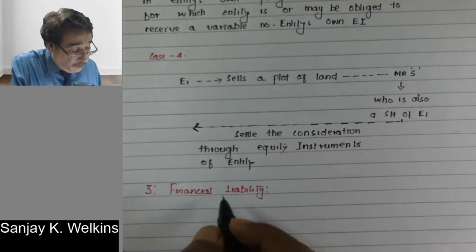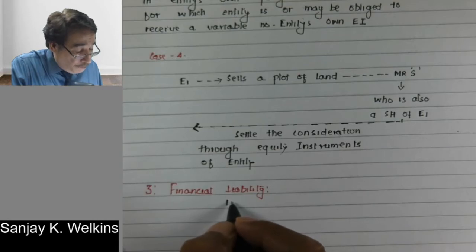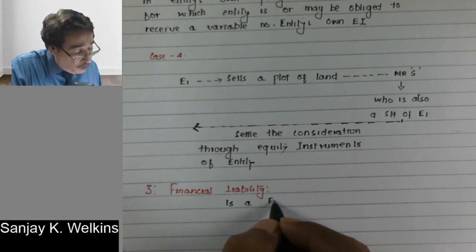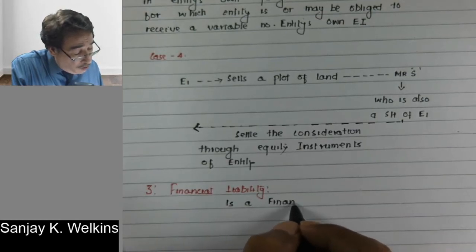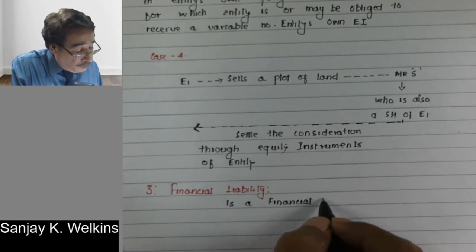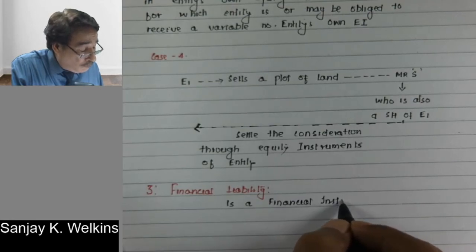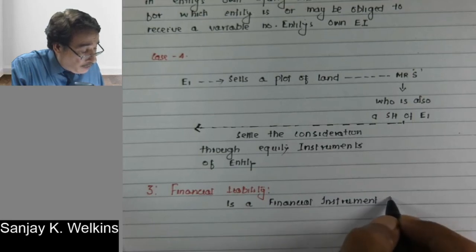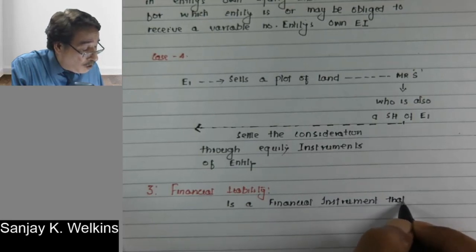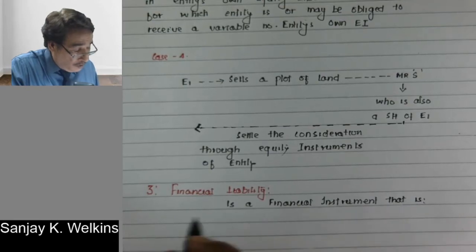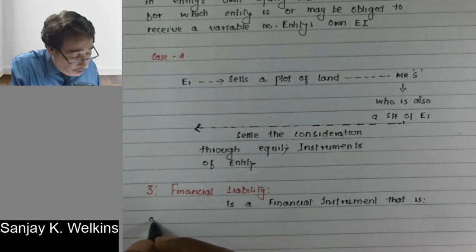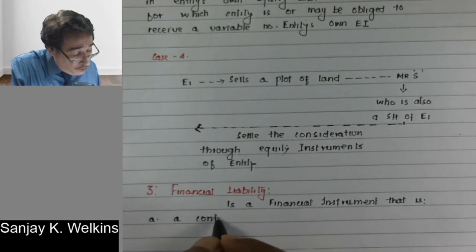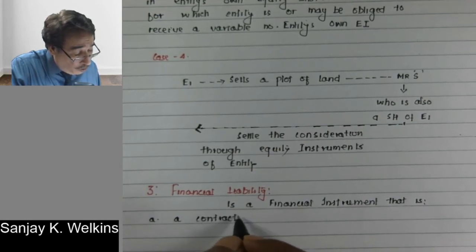A financial liability is a financial instrument that is a contractual obligation.